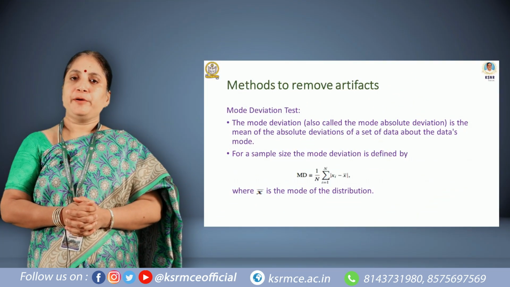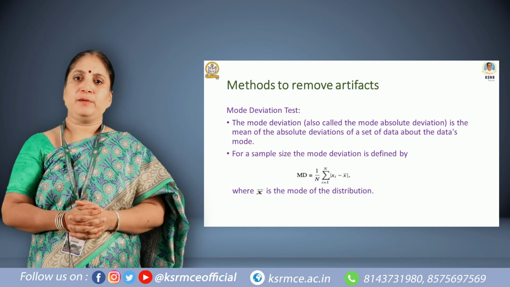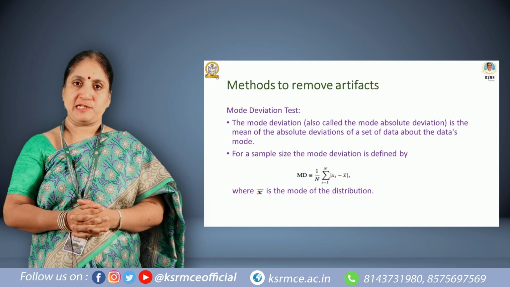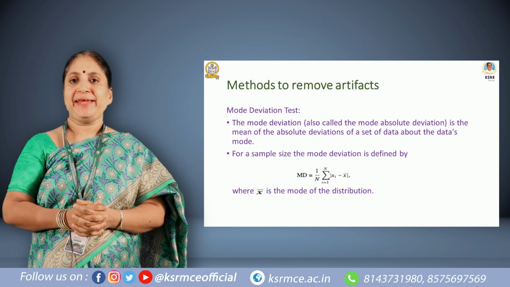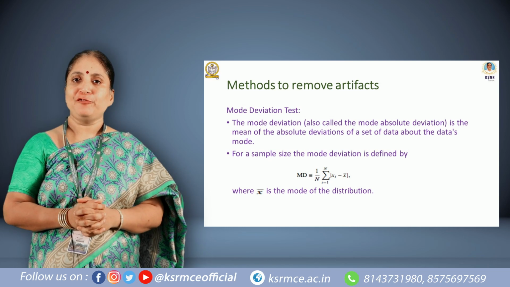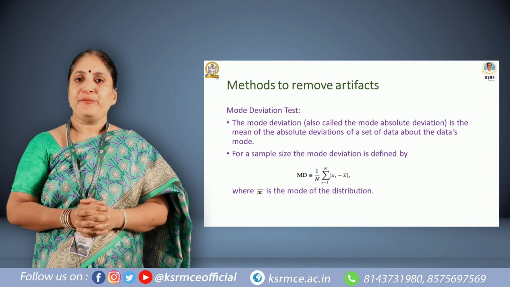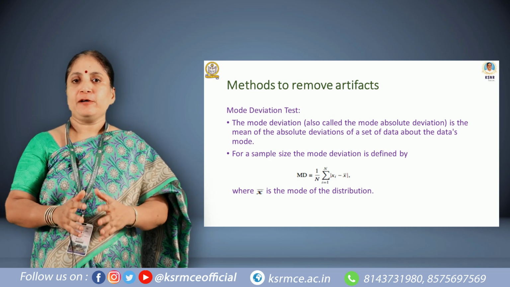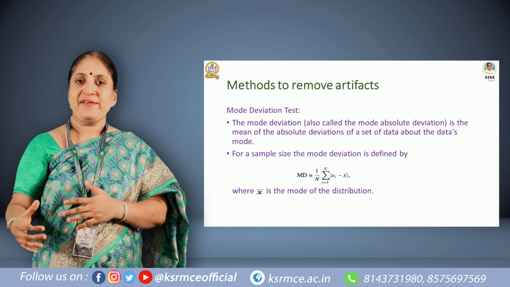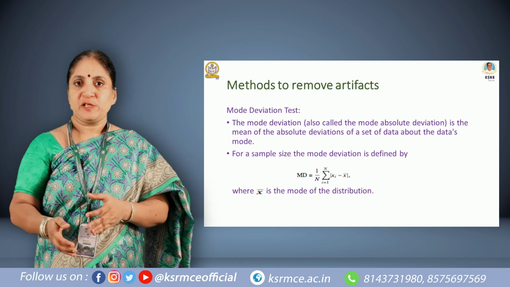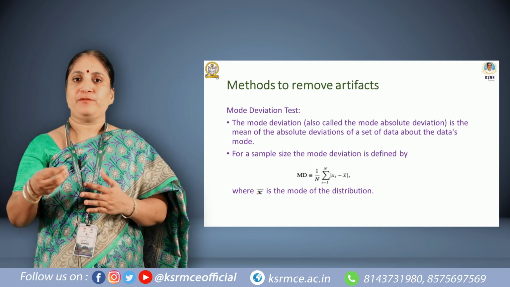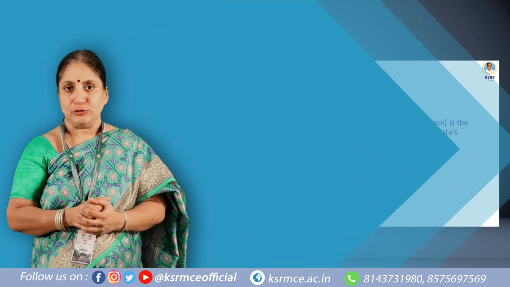The other method used to identify the artifacts in the visual evoked potentials is the mode deviation test. Mode deviation gives the absolute values of deviation of the mean value of a set of data from its mode value. It means how the individual data set values deviate from the mode value.